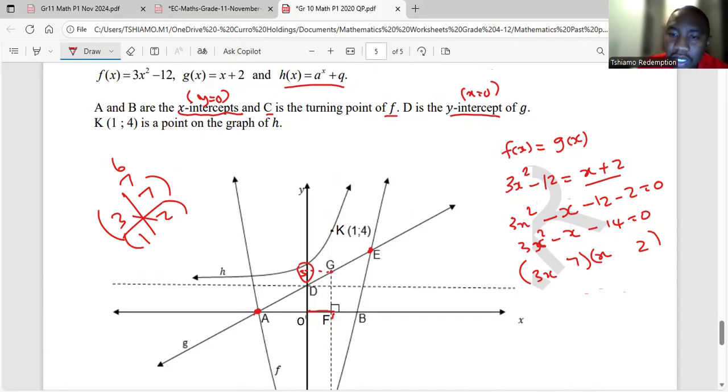So this will be a negative, that will be a positive, equal to 0, and then equate each bracket to 0. 3x equals 7, divided by 3 divided by 3. So x is 7 over 3, or x is negative 2, which makes sense. This will be negative 2.